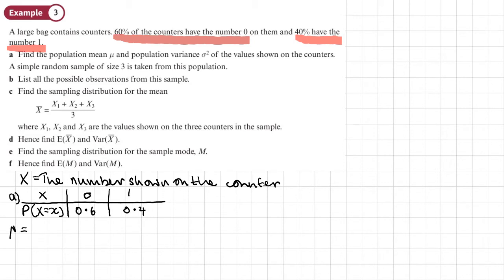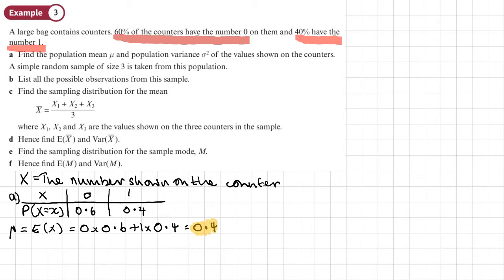The population mean is E of X, the expected value of X, so 0 times 0.6 plus 1 times 0.4, which just gives 0.4.